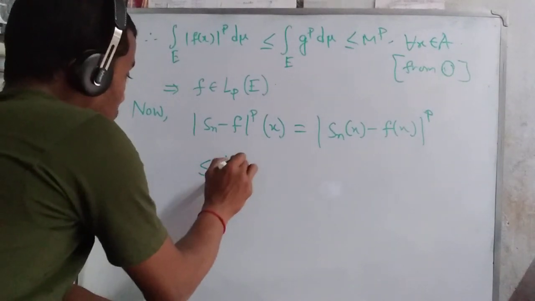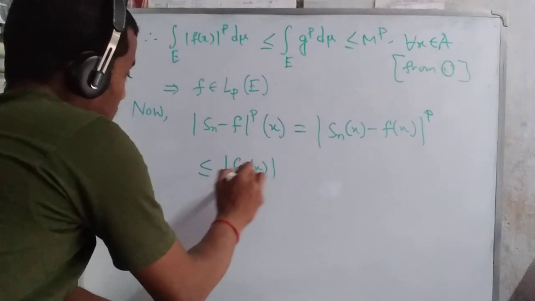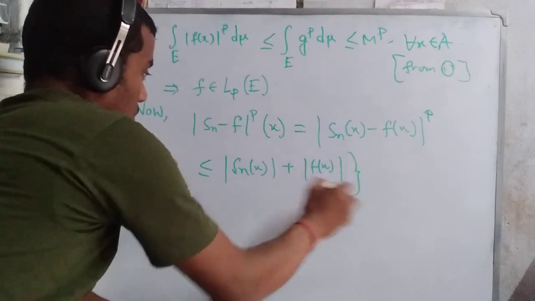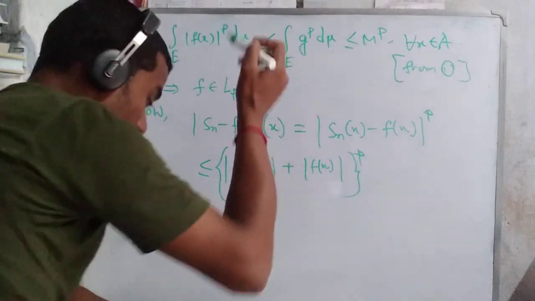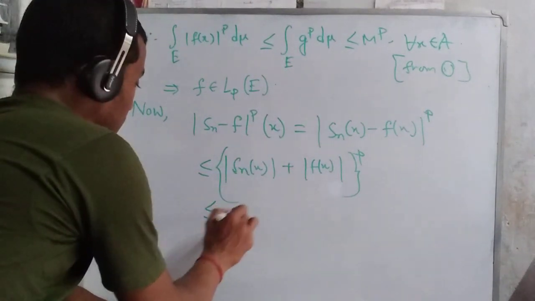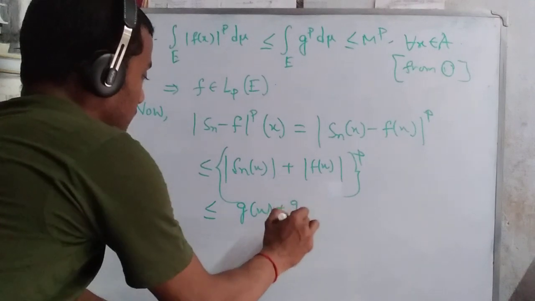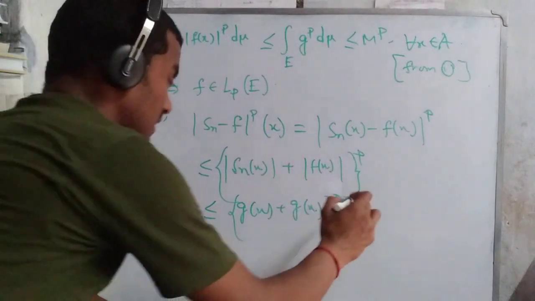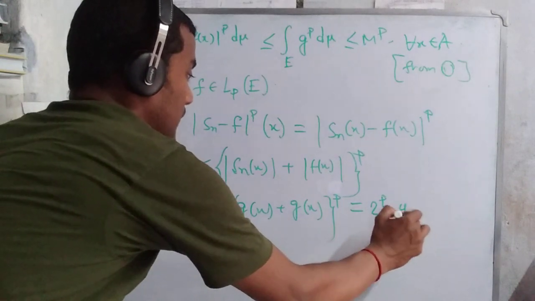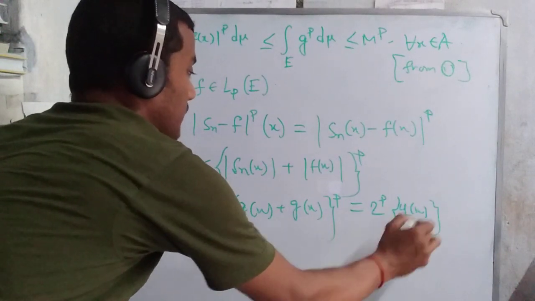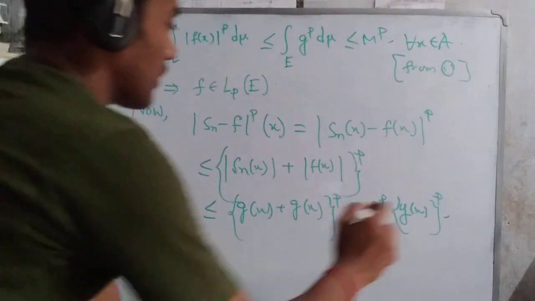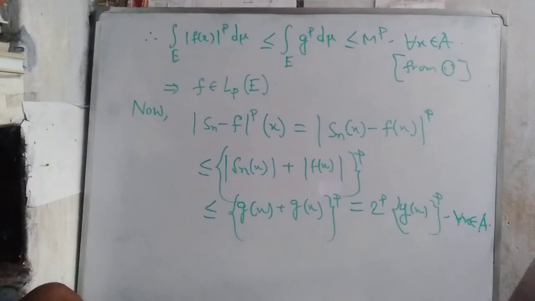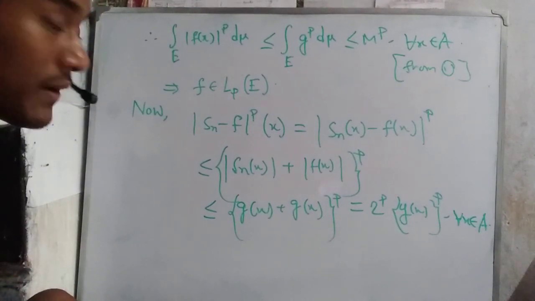This is less than or equal to (mod of S_n(x) plus mod of f(x)) whole to the power p, less than or equal to (g(x) plus g(x)) whole to the power p, equal to 2 to the power p g(x) whole to the power p, for all x belongs to A. Done, I think.